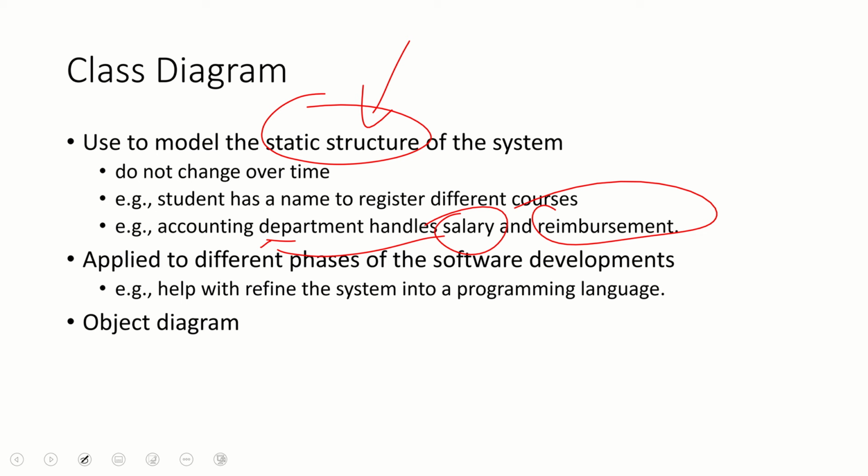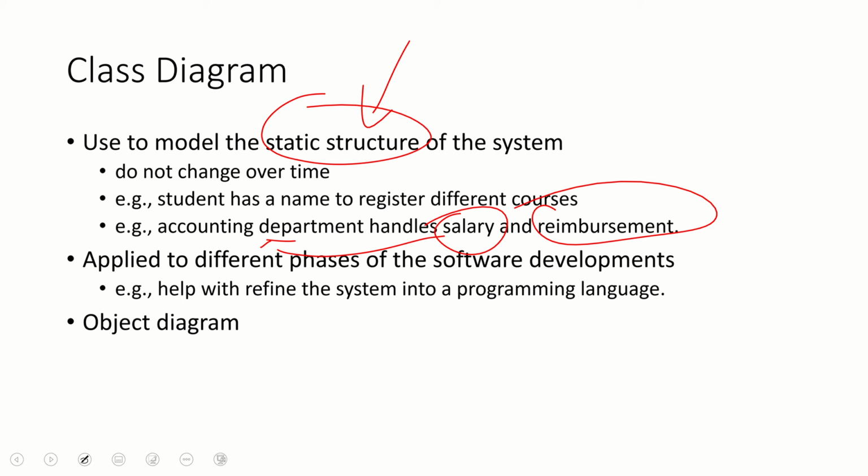We use class diagram to present it. This can be applied to the different phases of software development. We use them to design, to maintain, and to test, because class diagram gives us a very big and detailed structure of the system.